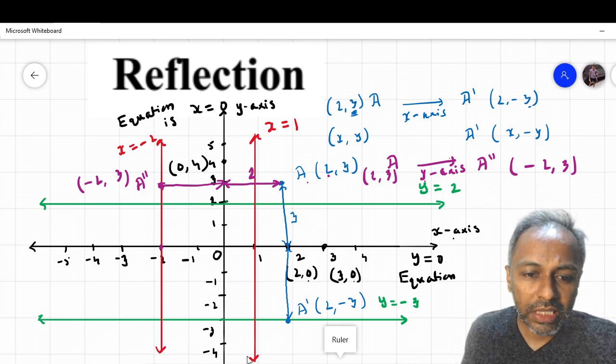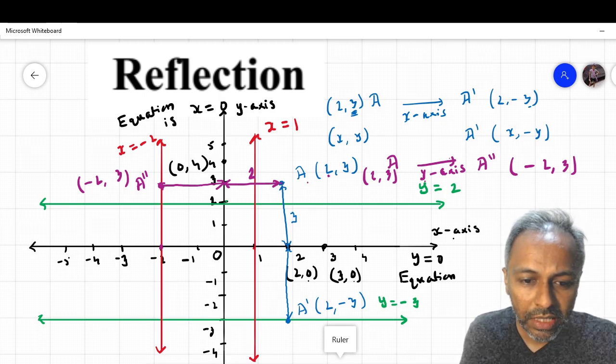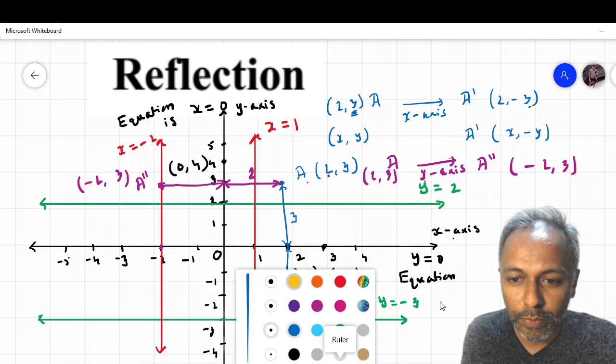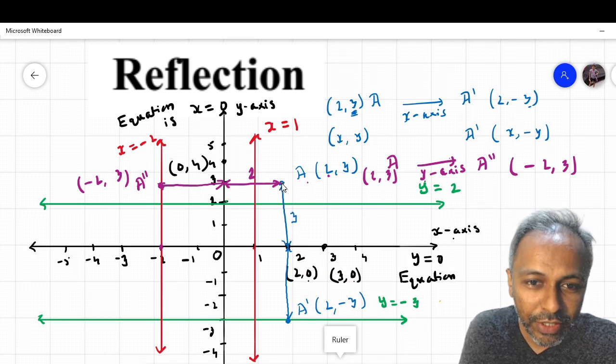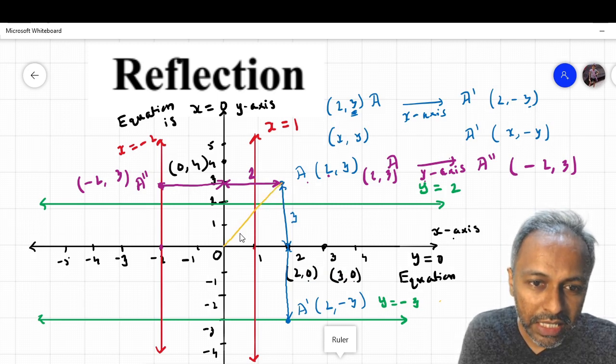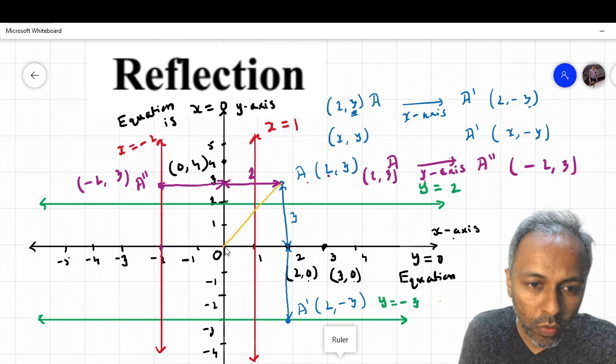Let us now reflect this point A about the origin. Let me take one more color, say yellow. I hope it's visible. Let's try to reflect this point about the origin. So if A is at a certain length from O, then its reflection about O is going to be somewhere here, right?